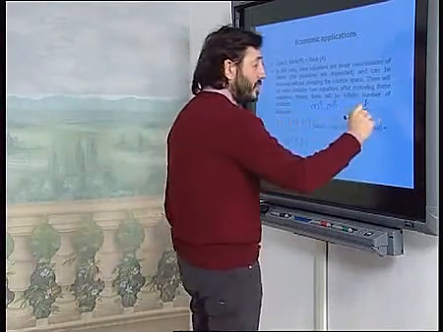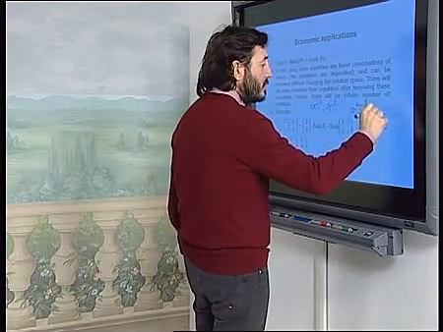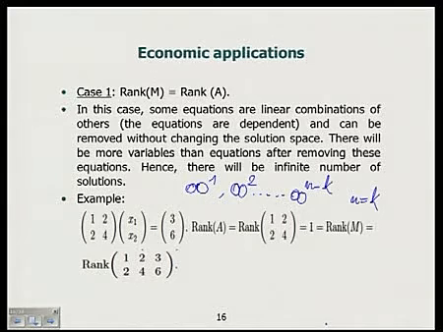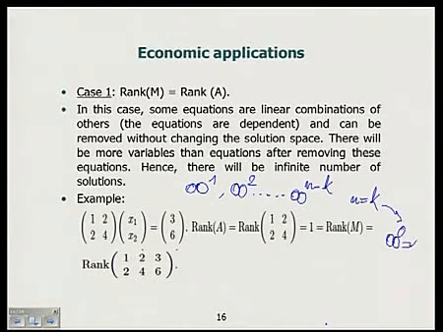And if n is equal to k, then we have infinity to the 0, which is 1, and we have the solution. This is the reason why we can always remove equations without changing the solution if the equations are dependent.